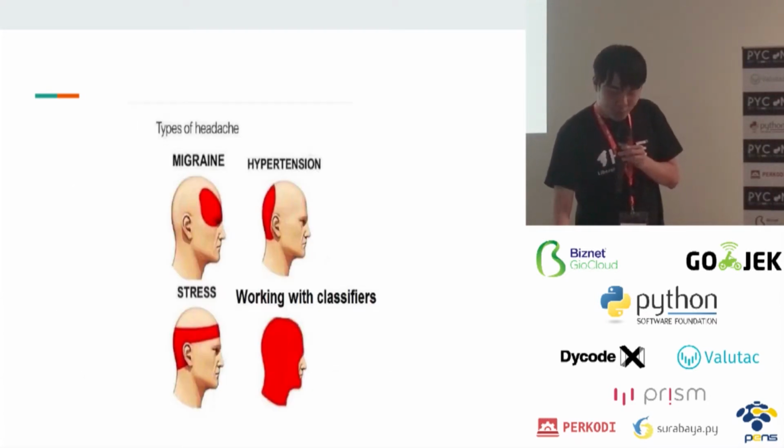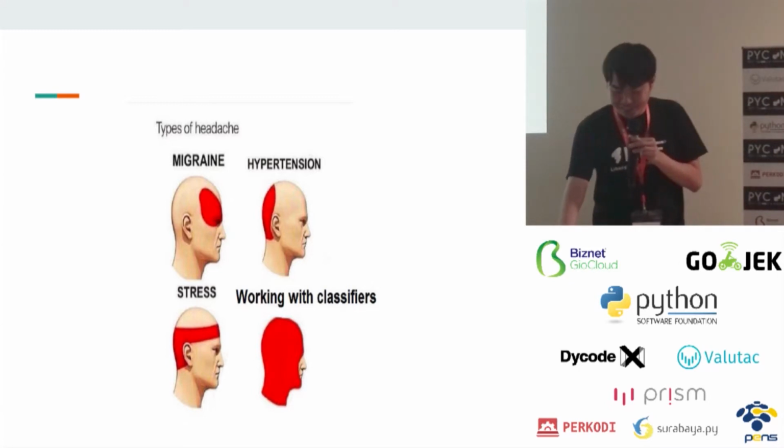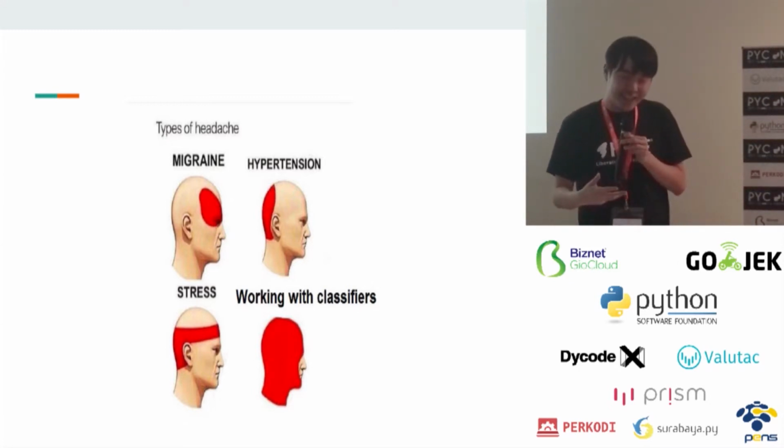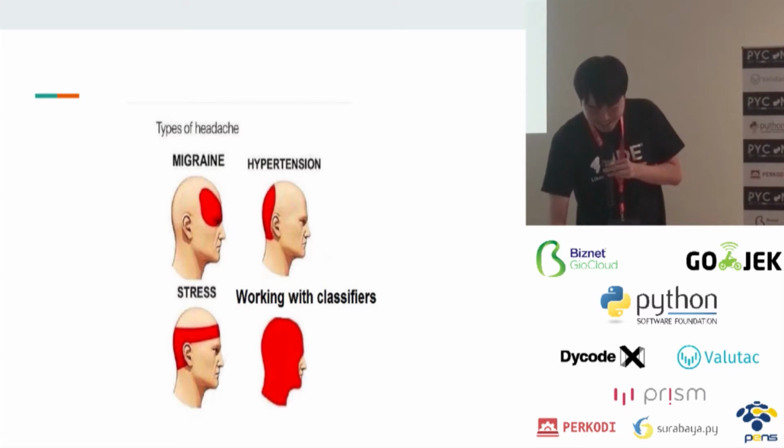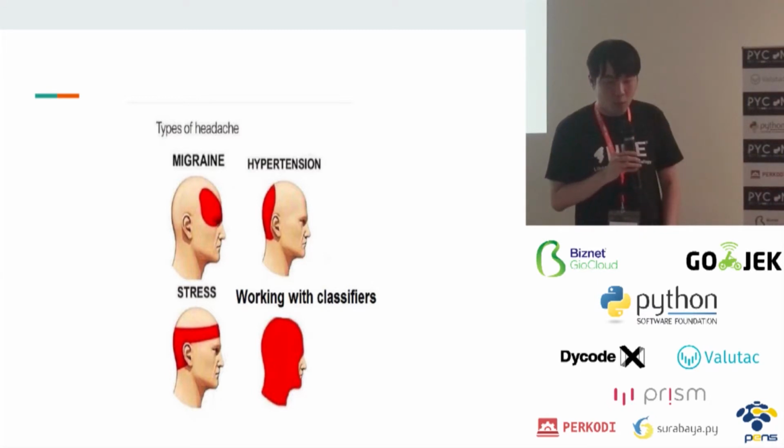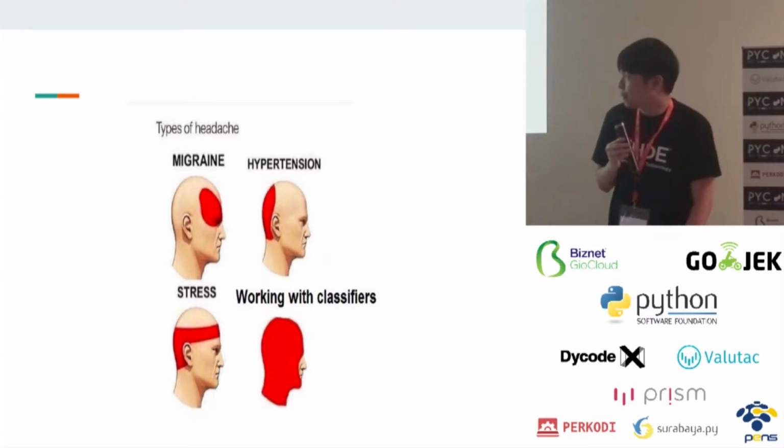So for those people who already played with machine learning, probably they always have this problem working with classifiers. It's very, very annoying, because it takes a whole hours to run, and when the run ended, it probably gives a very bad result, right? Okay, so after we get the final model, now I want to create a web application for my problem.